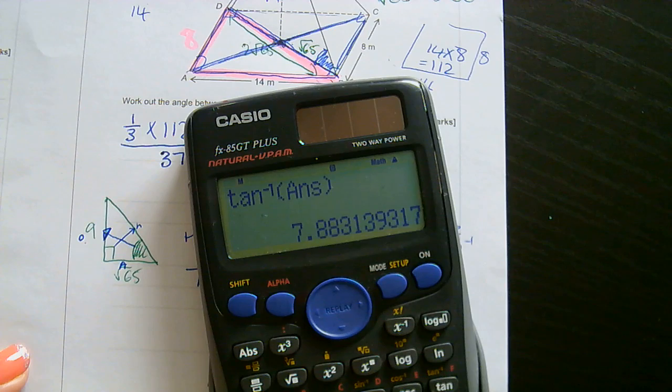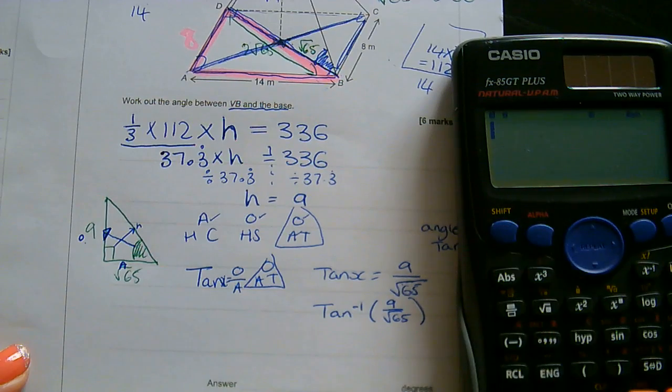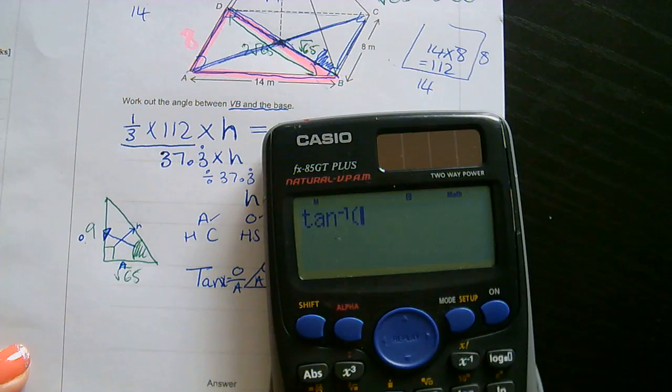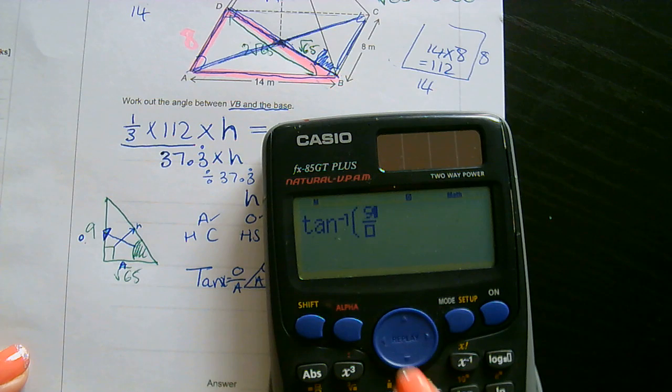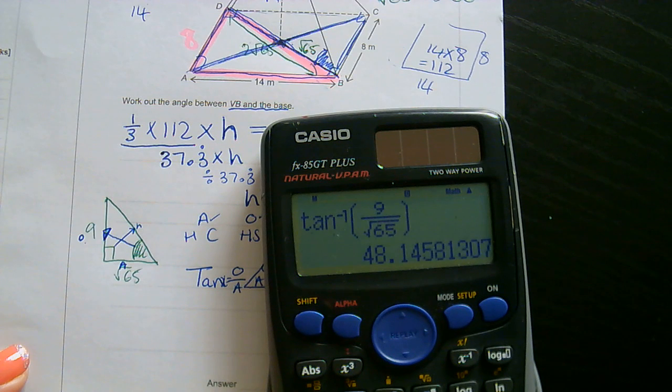And that will give us 7.88. Whereas if you do it, because you know you're looking for an angle, you go straight into tan to the minus 1, which is just the inverse for the angle, and then you do your 9 divided by your root 65, and then close that. It will give it you straight away.